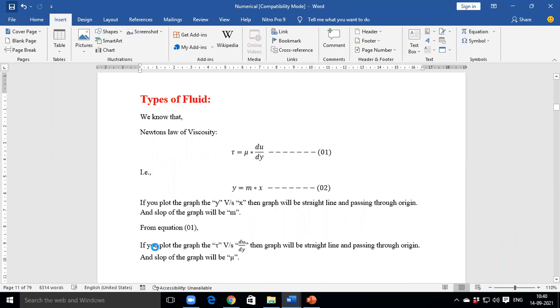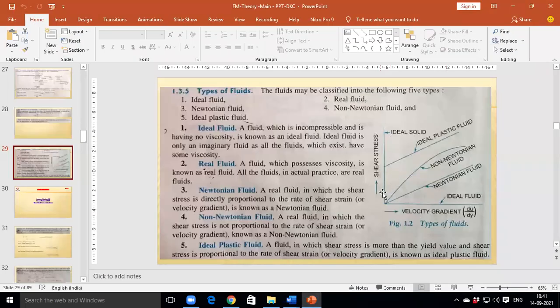If we plot tau versus du by dy, the graph will be a straight line passing through the origin, and its slope is called mu, the viscosity of the fluid. That type of fluid is called a Newtonian fluid.